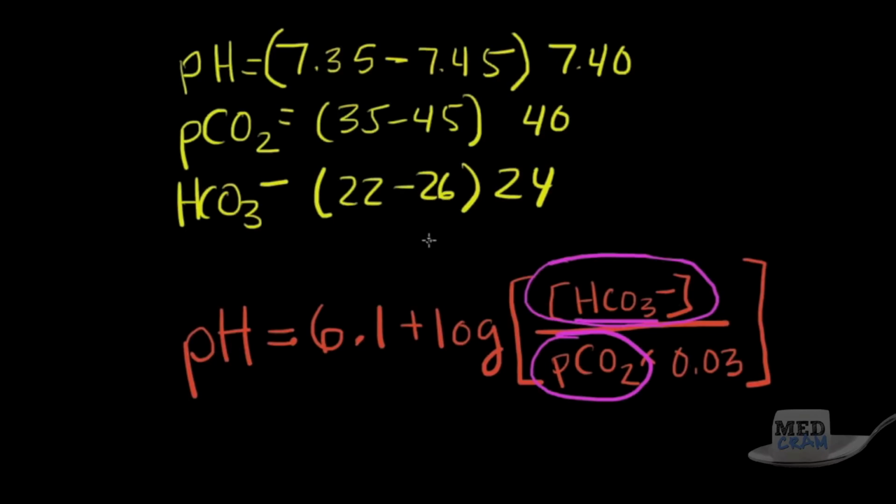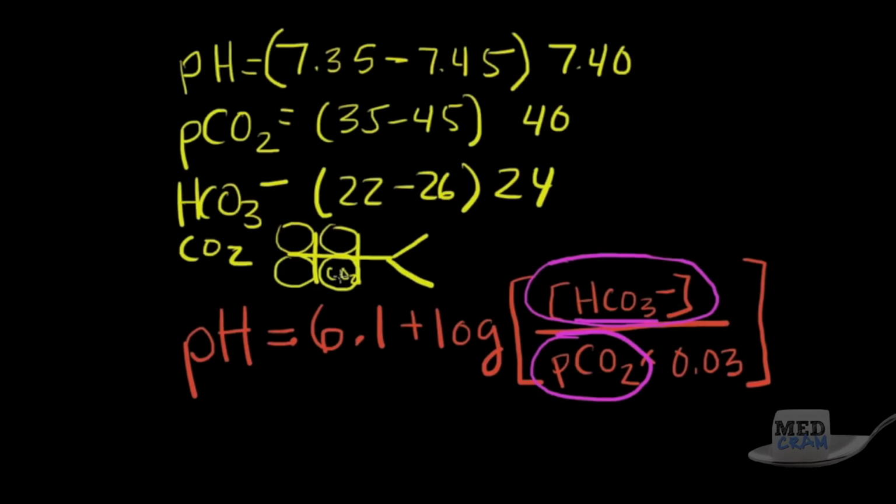Now, a couple of definitional issues. Sometimes you'll see bicarb also listed as CO2. You'll see that on what we call a Chem 7, or a little graphic that looks like this, where you'll have the sodium up here, the potassium here, the chloride, and they'll say CO2 down here.